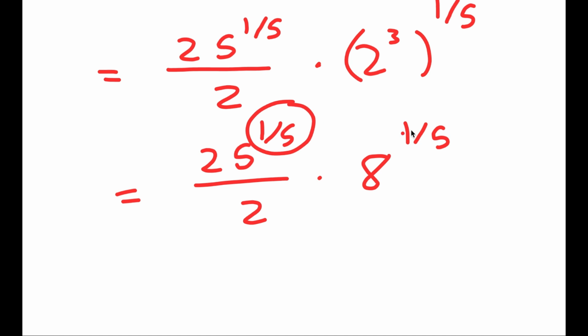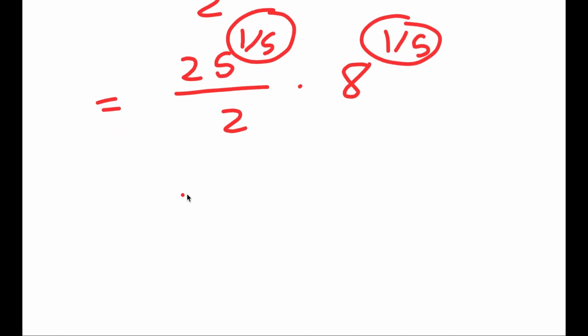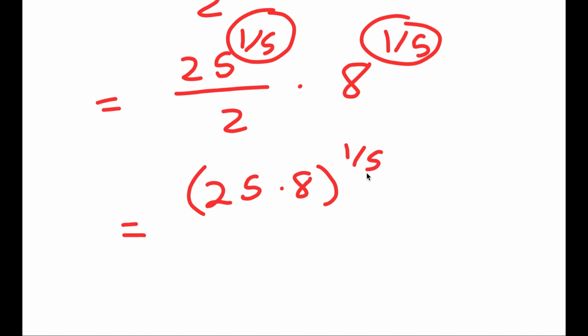Now notice how these two have the same exponents, so I'm able to multiply them now. So now I get 25 times 8 to the power of 1/5 all over 2.